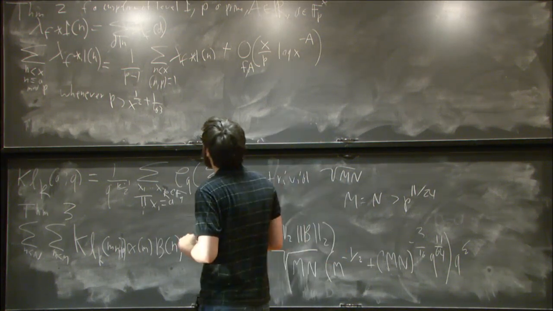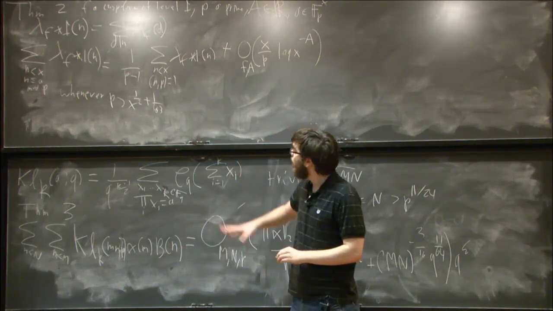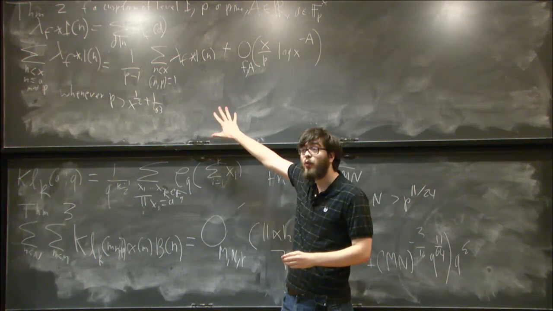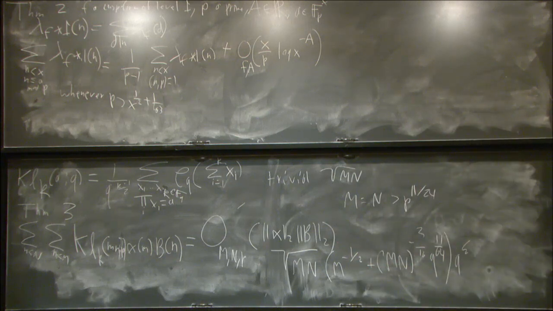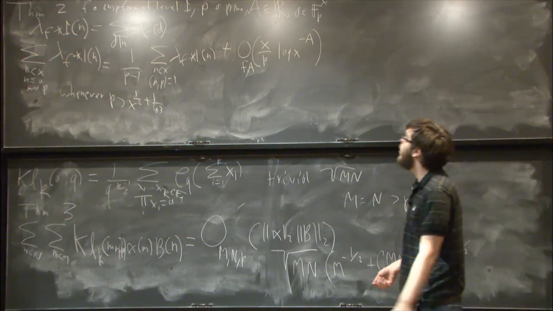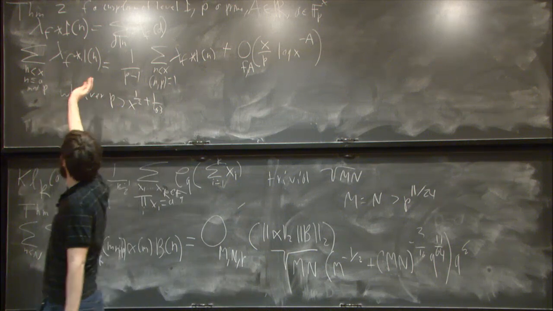And let me explain a little bit about how we turn this problem into a problem about Kloosterman sums. So in a pretty simple way we can write down the left side.